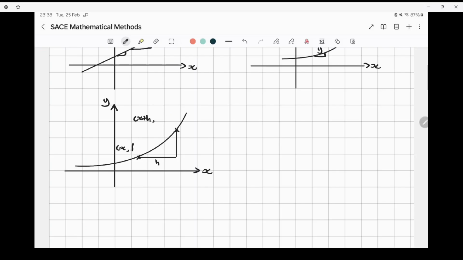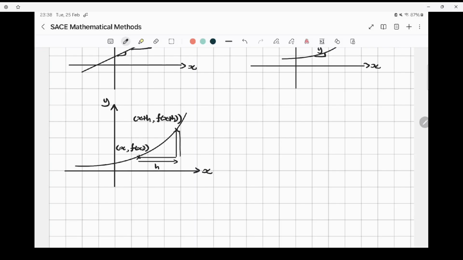Let us define y to be f of x. Then it is easier for us to define y prime, which is just f of x plus h. So over here you added some number h, which is very small by definition.